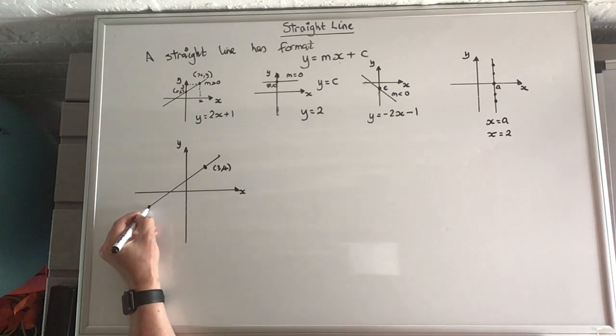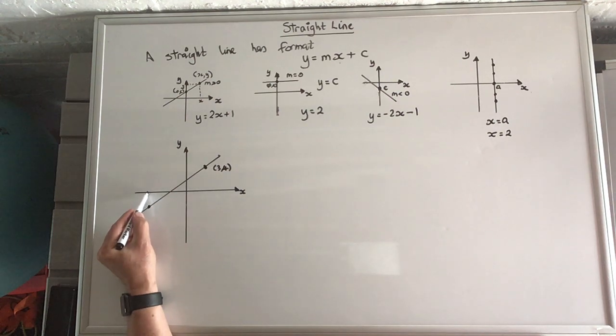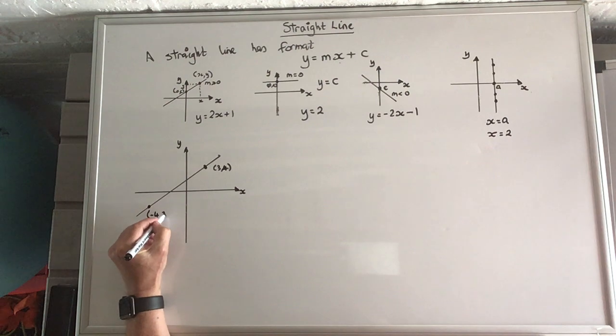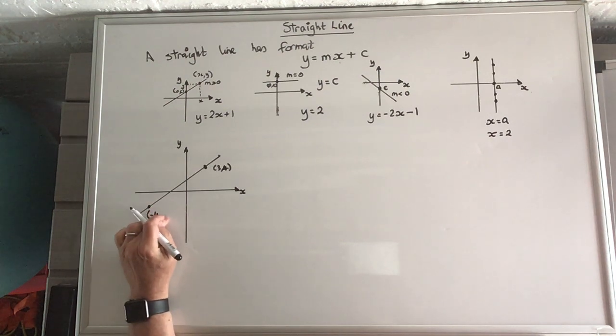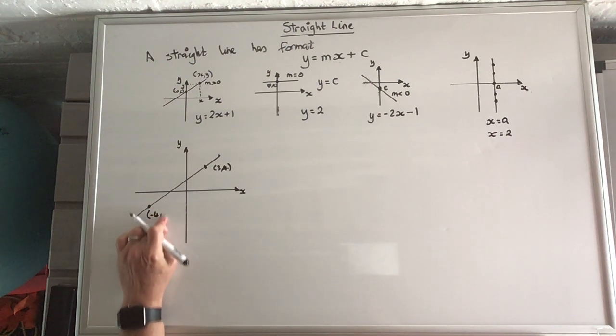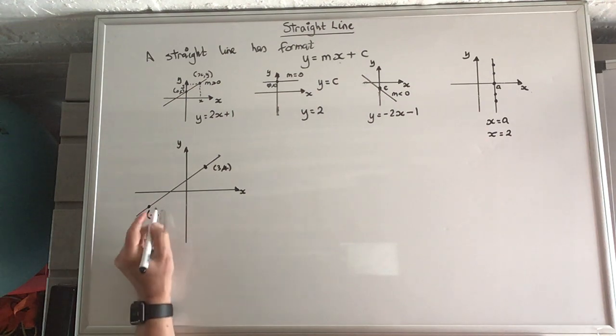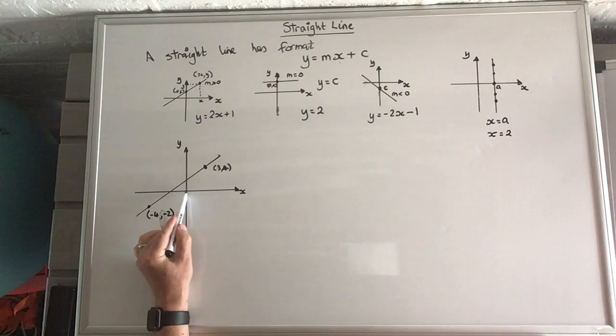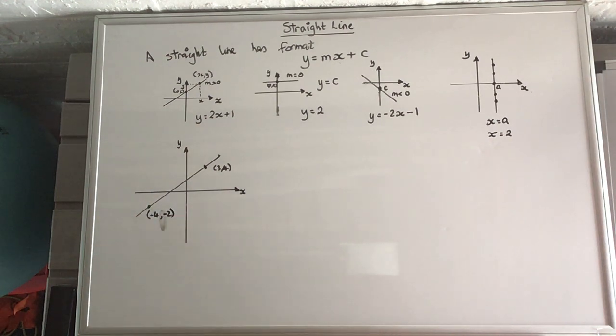I'm going to put a point down here somewhere, minus 4, 2. It can't be 2 because it would be above the x-axis, so let's make it minus 4, minus 2. Okay, minus 4, minus 2.